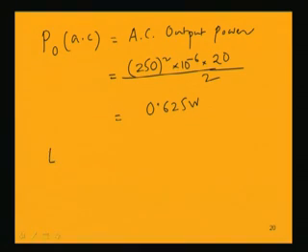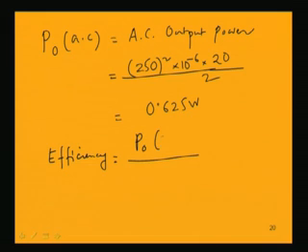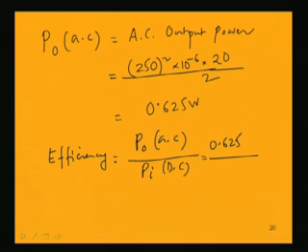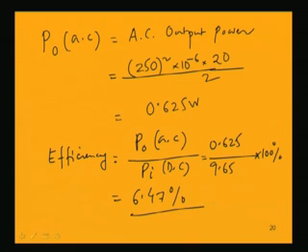If we find out the efficiency of this amplifier, which is in class A operation, that is P naught AC by PI DC, putting the value of output power 0.625, input power 9.65, and finding it in percentage, it will be 6.47% only. This is only the efficiency. It is very, very less. Much of the wastage is happening in the transistor.